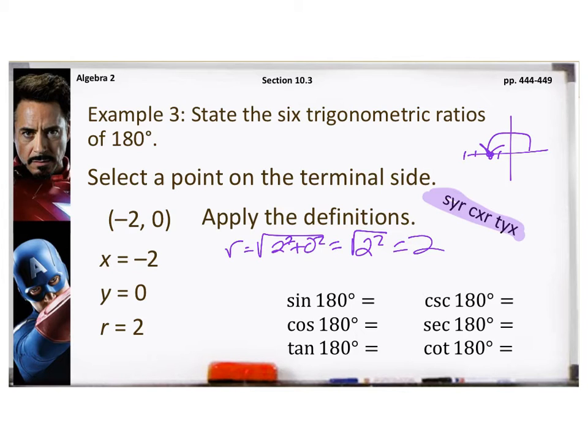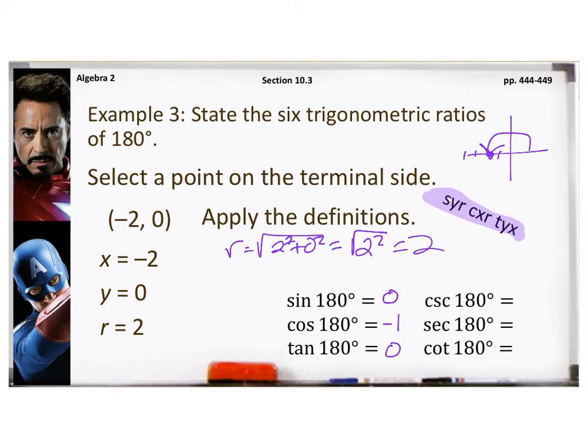Now I can just use SOH CAH TOA. Sine is y over r. Well, 0 over 2 is 0. Cosine is x over r, -2 over 2. Well, that's -1. Tan is y over x. 0 over -2 is also 0. Now we have a problem. When we come to these reciprocal functions, if the value is 0, when I do the reciprocal, it's undefined.